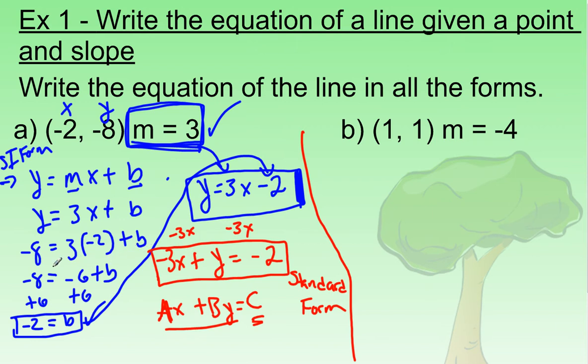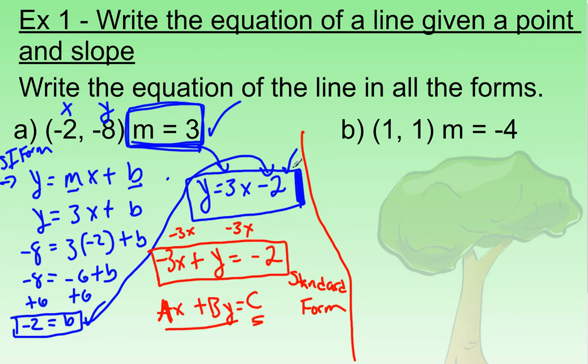We then solved the equation and found out that b was -2. Once we knew the slope and the intercept, all we had to do is we substituted them back into our formula. Here it is. Y equals 3x minus 2. Slope from here, intercept from there. So this is slope-intercept form done.